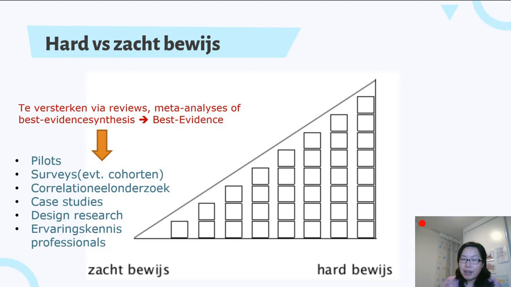So they are not very strong to support our intervention. But in order to strengthen it, we can use some review study, meta-analysis, to focus on the past best evidence. With those kinds of review analysis, we can strengthen our zachte bewijs. And the effect size is a kind of measurement we frequently use, a standardized measurement.